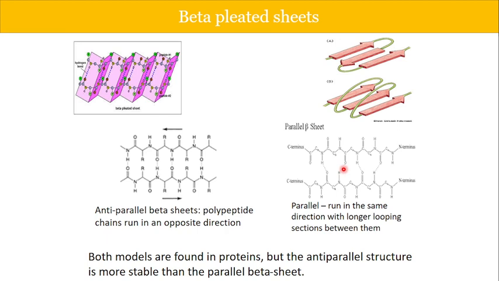As the bond distance increases, although we know it's a hydrogen bond, millions of hydrogen bonds can lead to strong bonds. So this minute bond difference is affecting the stability of your beta sheets. Therefore we can say that antiparallel beta sheets have higher stability compared to parallel beta sheets.